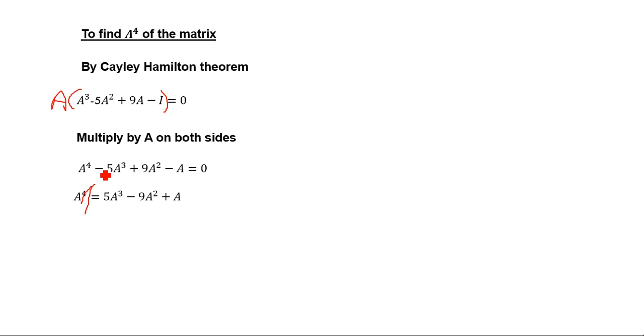So when you are taking them to that side, you can write minus 5A cube as plus 5A cube, and many of them make the mistake. When you are taking them to that side, they are mistakenly writing this as minus and this as plus. So when you are taking them to that side, carefully you have to change that sign.